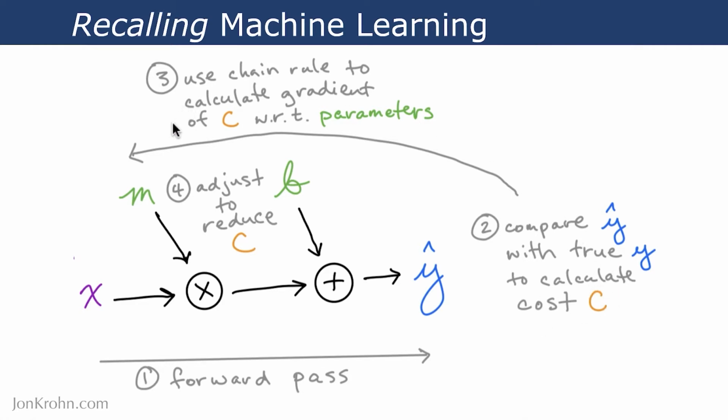In step 3, we take that cost and we use partial derivatives and the chain rule to calculate the gradient of cost with respect to our model parameters m and b. And then in step 4, we adjust m and b in order to reduce our cost.